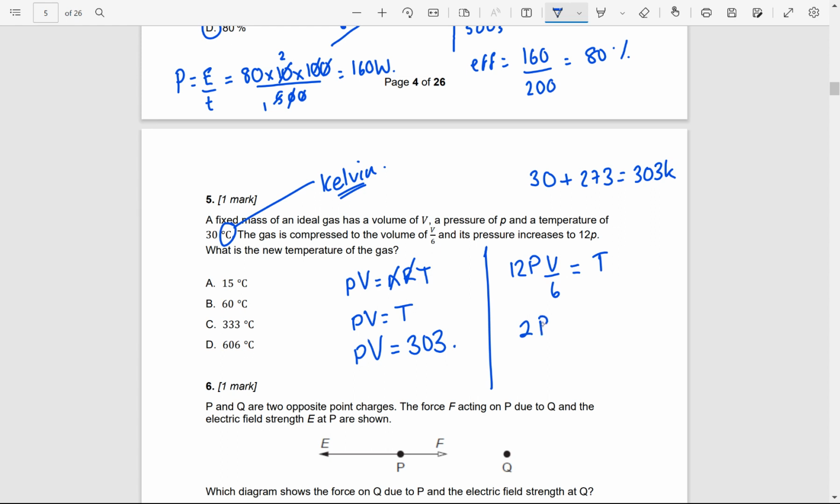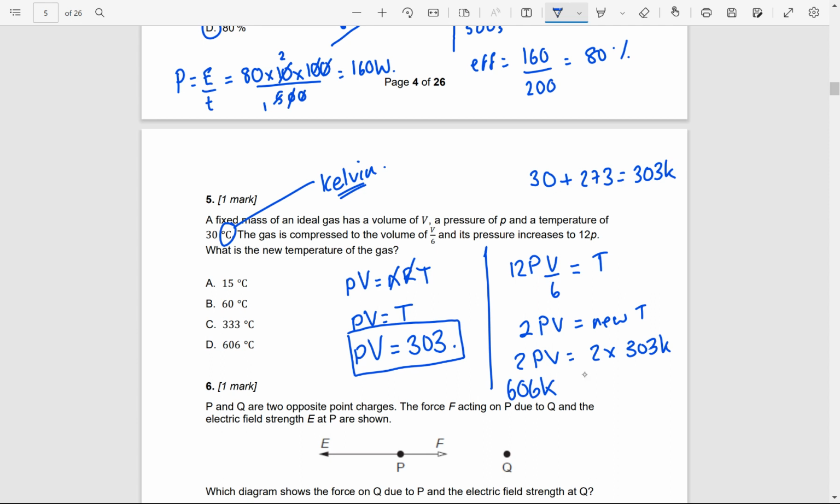So 12 over 6 is 2, so we have 2 PV equals the new T. So PV equaled 303, so 2 PV equals 2 lots of 303, which is 606 Kelvin.